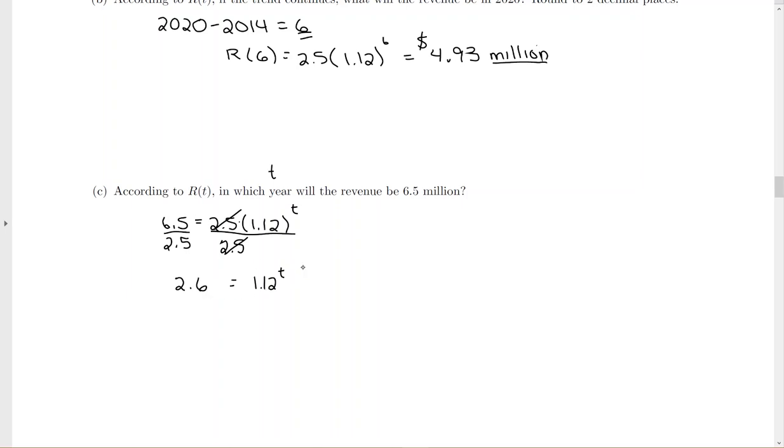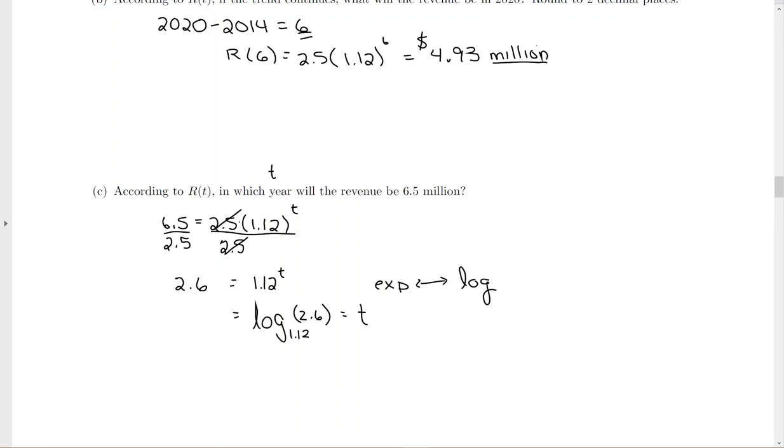Now we need to solve an exponential. We can't divide by 1.12 because it's not hooked to the t by multiplication. This is an exponent, and remember what undoes an exponent is the word log. So we're going to write the word log, base of the exponent 1.12, of something equals power. My power is t, and what goes inside is the 2.6.